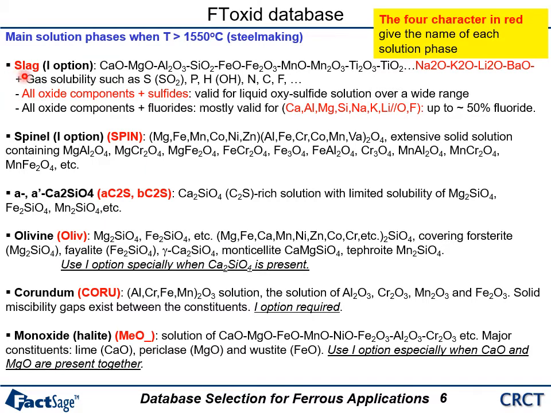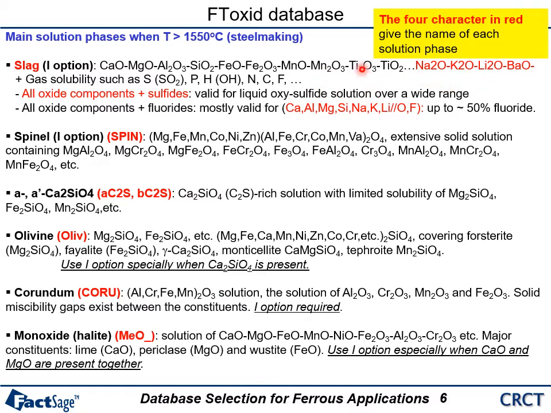So we have the slag solution, which contains CaO, MgO, Al2O3, SiO2, etc. This slag also contains sodium, potassium, lithium, barium, etc., which is important for mold flux applications or special flux applications.